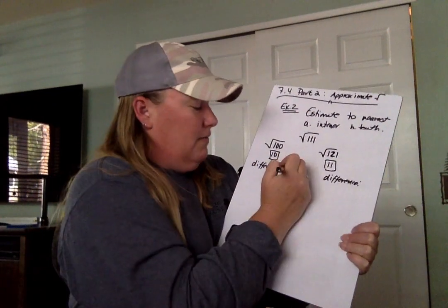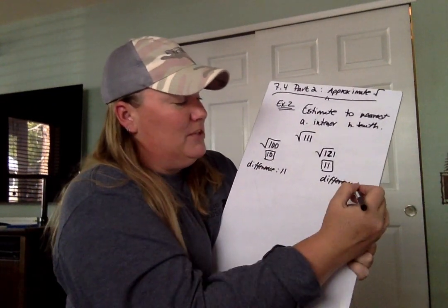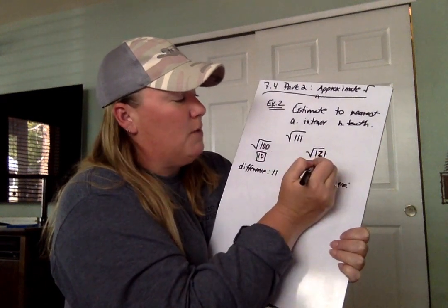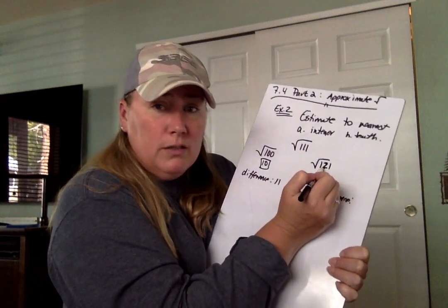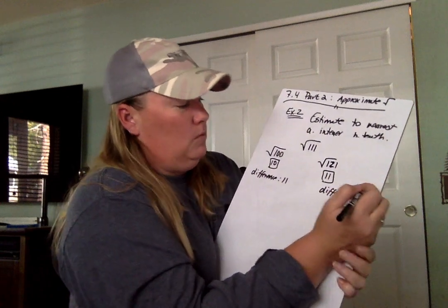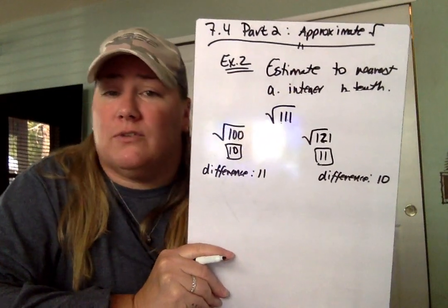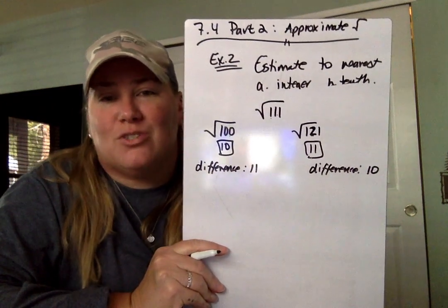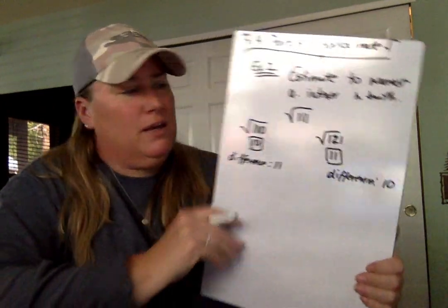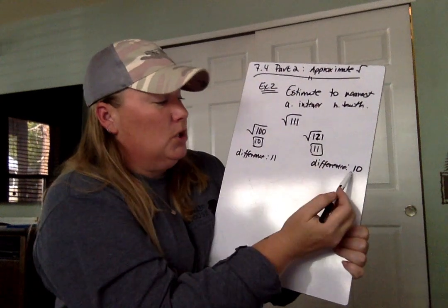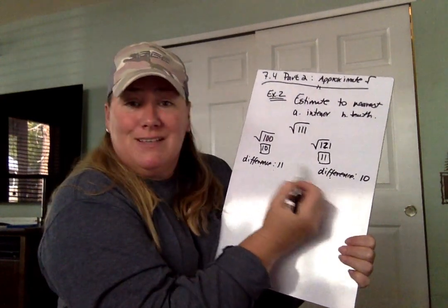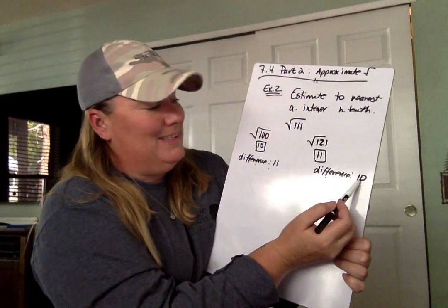Hopefully you just said 11. And the difference here, how far is 121 from 111? There's only 10 there. Look how close those differences are. So that tells you when you have to make the closest integer, you are looking for the smallest difference. And 10 is the smallest.